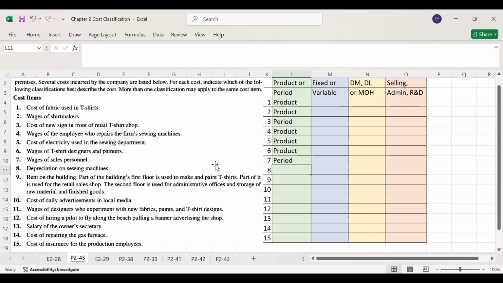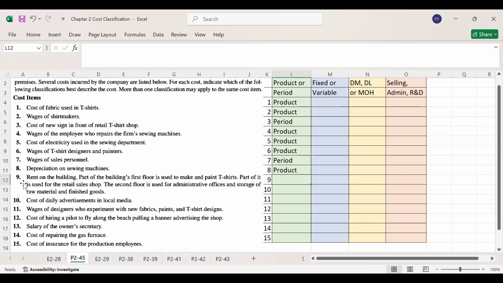Depreciation on sewing machines. Sewing machines are basically a part of the factory. So the depreciation on it, the insurance on it, the maintenance on it, all are part of factory expenses, and factory expenses are product cost.